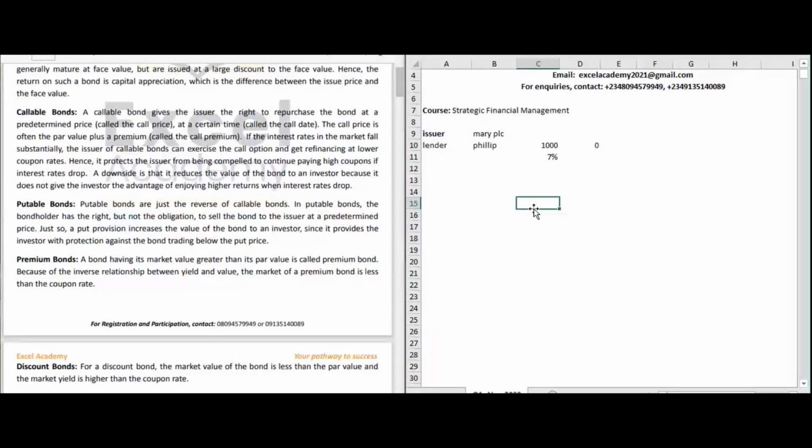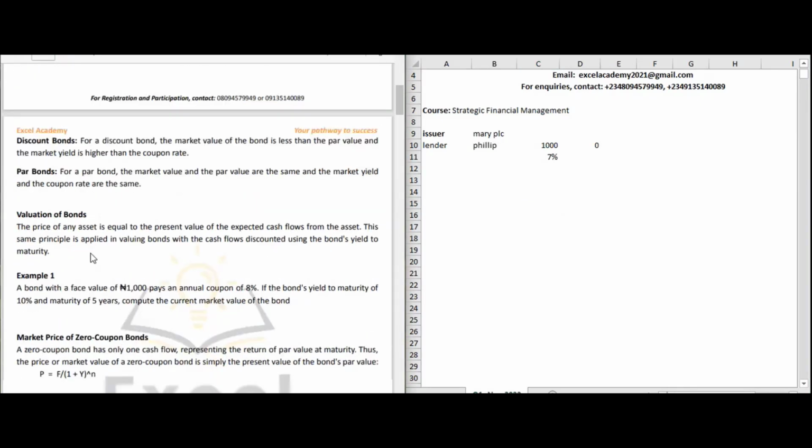But then we cannot take it that way without discounting. We have to get the present value. When you now add all these present values together, you now have the market value. That's the same thing that applies to a bond. If you want to find the present value of the market value of a bond, the price of any asset is equal to the present value of the expected cash flows from the asset.